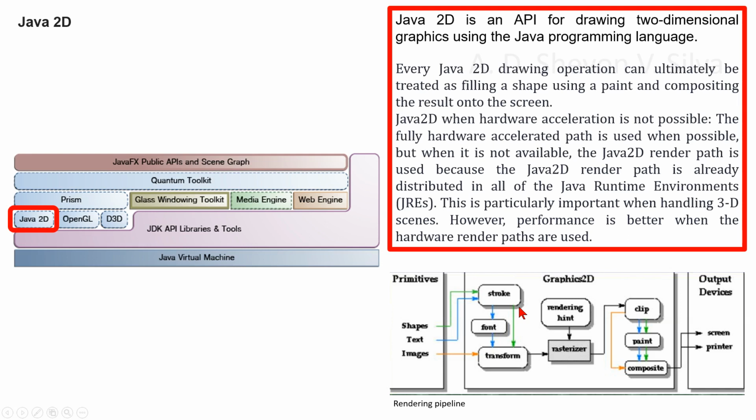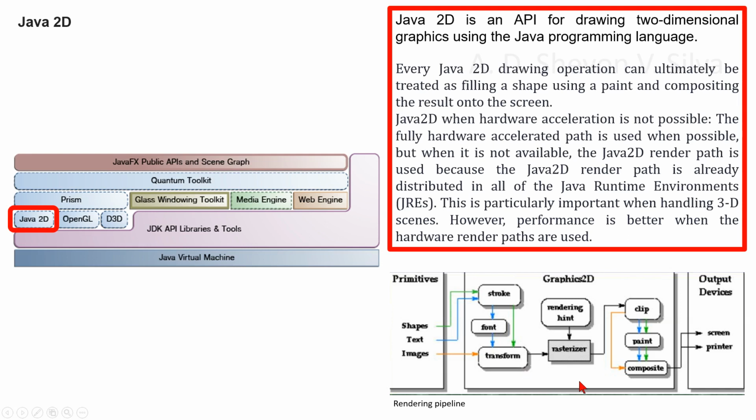Step 2, the shape is transformed from the user space to the device space using the current transform in the Graphics 2D context.